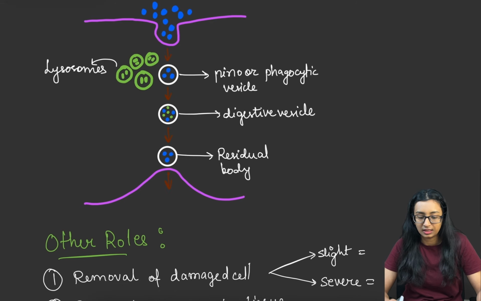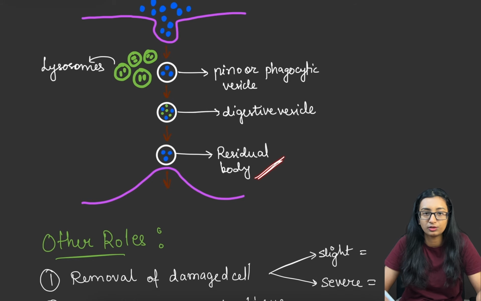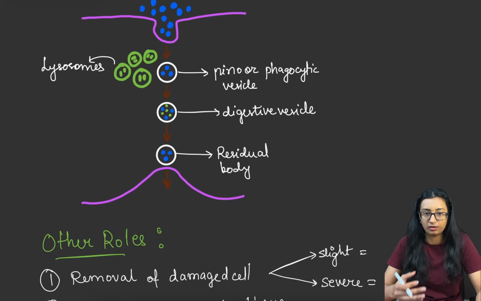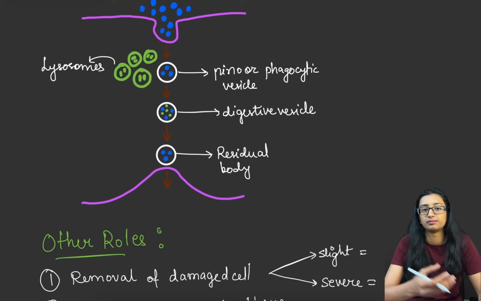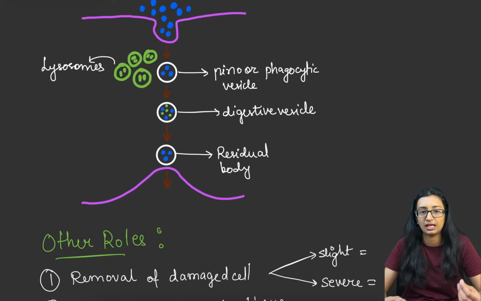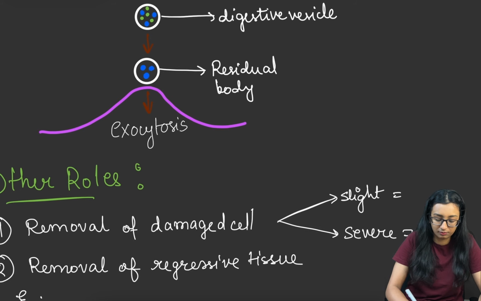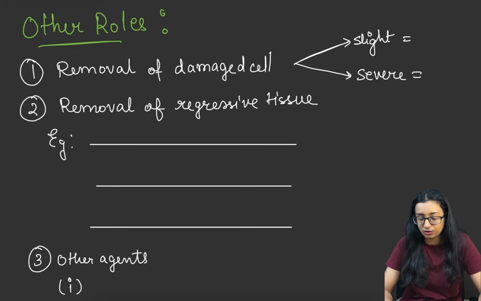These undigested parts will be termed residual bodies, and these residual bodies will come out or be excreted. For example, you eat, some part is digested, and then you go to the toilet. That is called exocytosis.